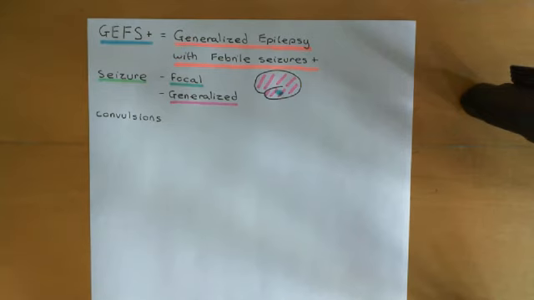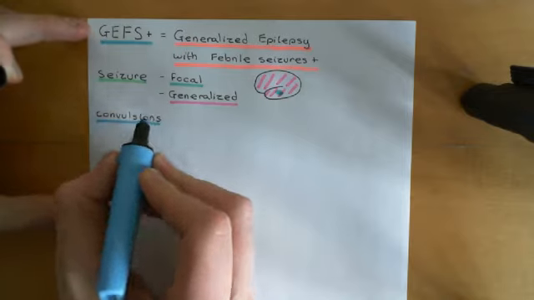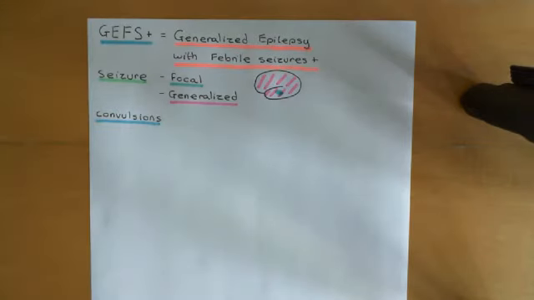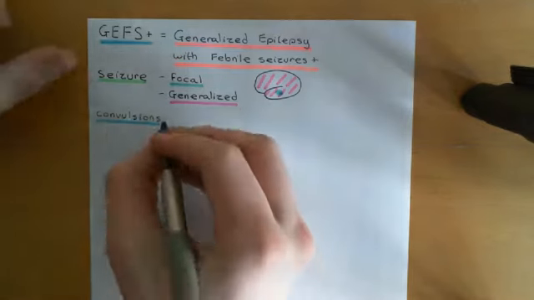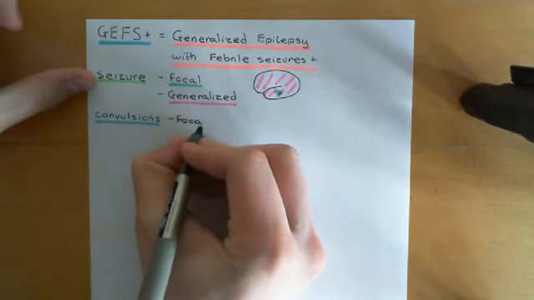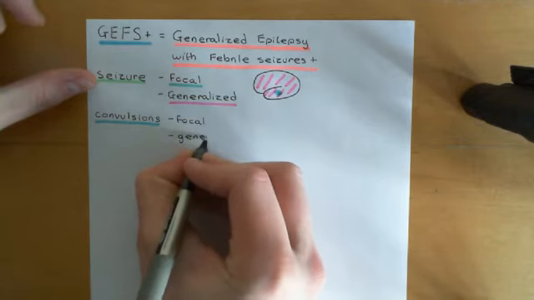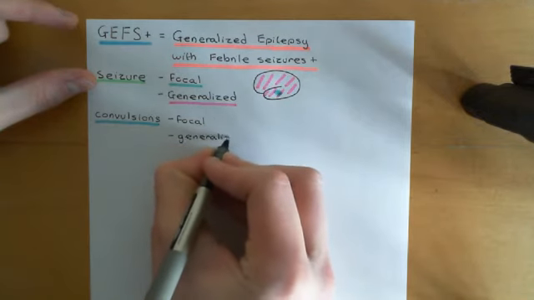Convulsions are involuntary movements, basically. So movements that you are not in control of, that you did not initiate, but nevertheless are occurring. Convulsions can be either focal or generalised, and it's basically exactly the same principle as for the seizures.